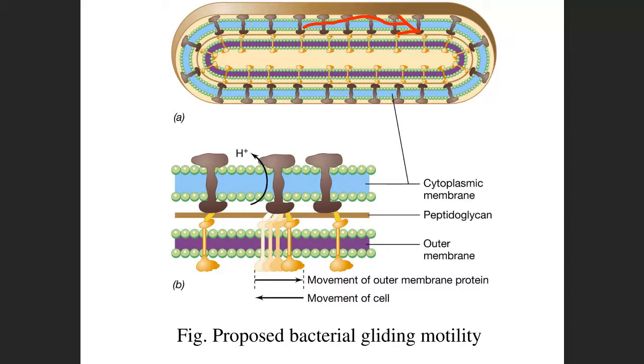And so the bacteria can glide on a solid surface. Now, this is a very, very unique mechanism, belonging to one particular bacteria. Does E. coli have the ability to glide on a solid surface? No, absolutely not. It doesn't have that ability.